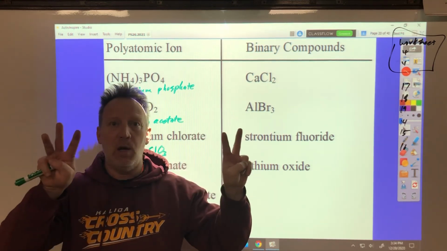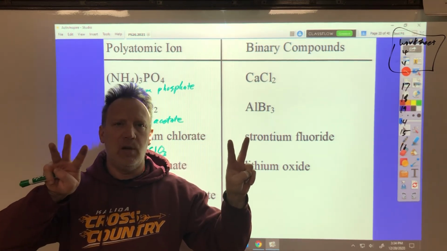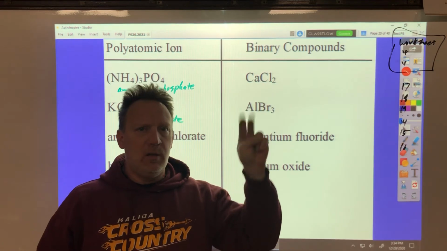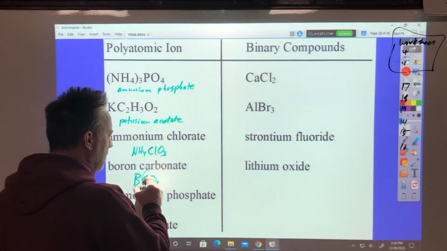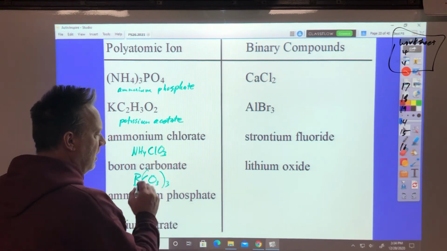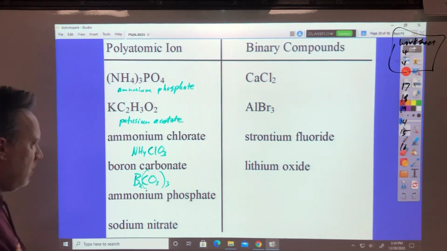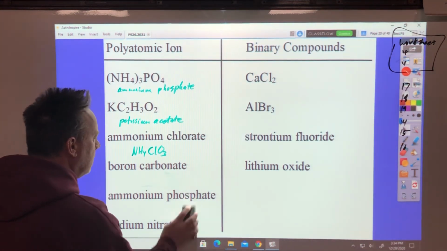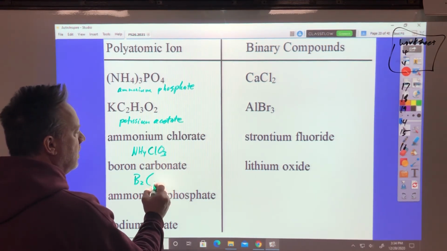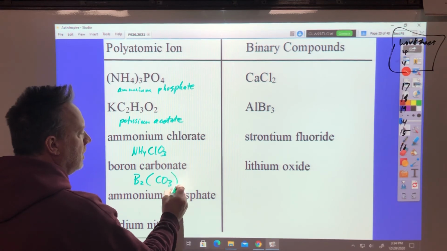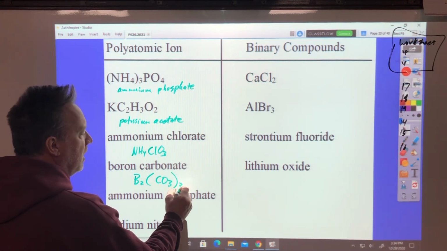We can just switch the numbers, but you've got to move 6 electrons. You've got to have 2 borons and 3 carbonates. So there's 2 boron, carbonate, you want 3 of everything. So it's B2(CO3)3.